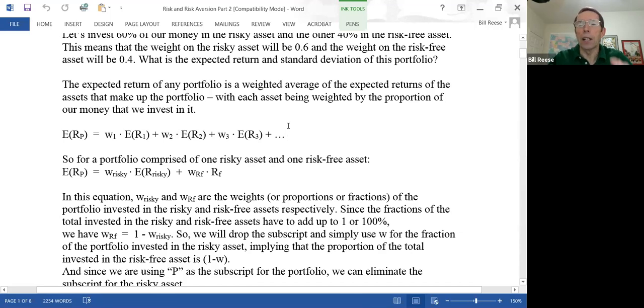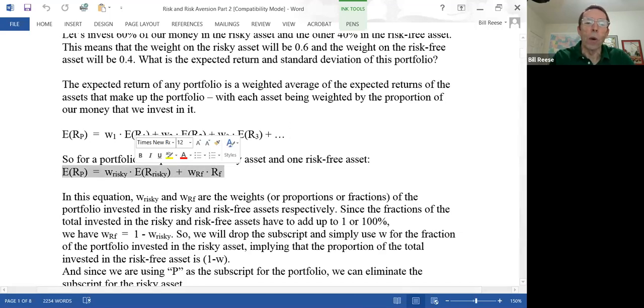Now let's take a look at the particular situation where we have one risky asset and one risk-free asset. So there are two assets in the portfolio, the risky asset and the risk-free asset. The expected return on the portfolio is equal to the weight on the risky asset times the expected return for the risky asset, plus the weight on the risk-free asset times the risk-free rate of return.